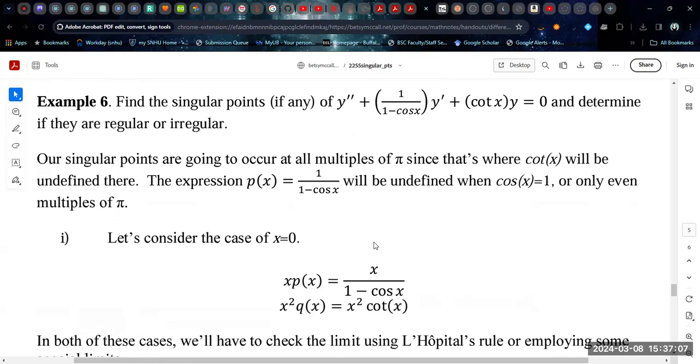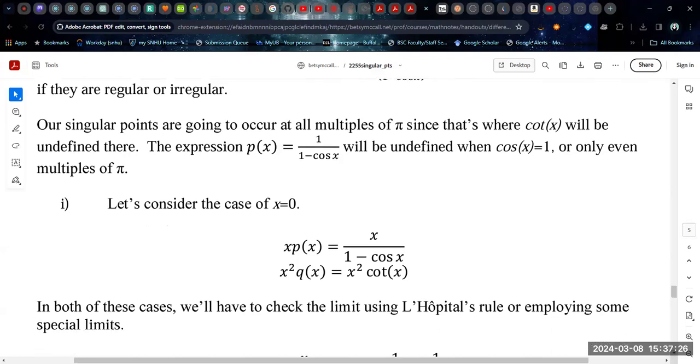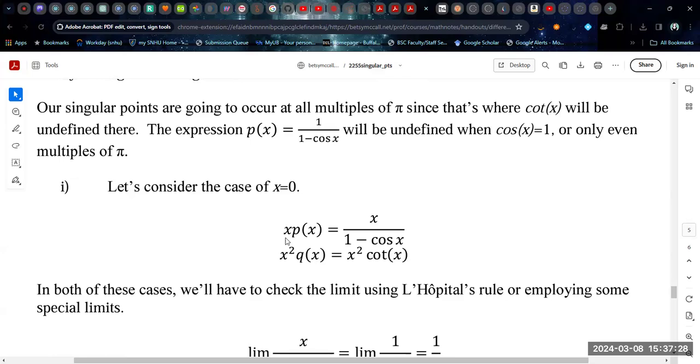And then one last example. We have, again, this second order equation in standard form. The expression p of x will be undefined when cosine of x is equal to 1, or only even multiples of pi. So 0, 2 pi, etc. So if we consider the case of 0, then we multiply 1 over 1 minus cosine x by x.